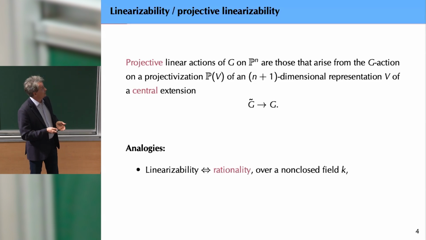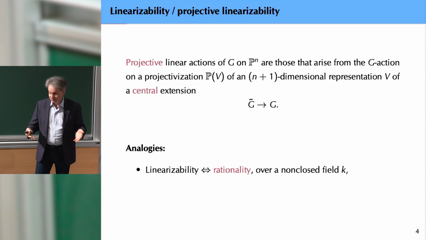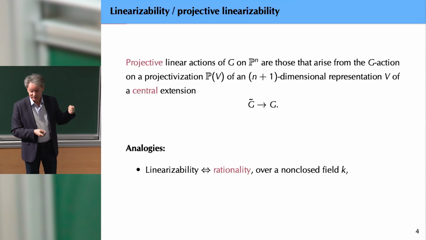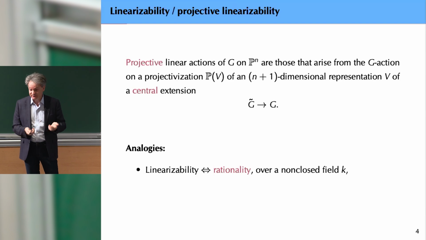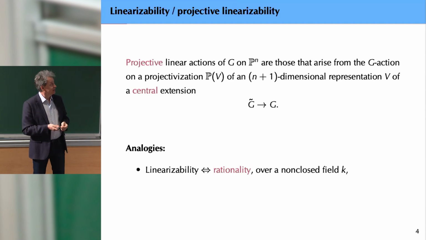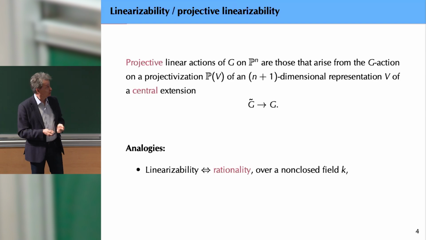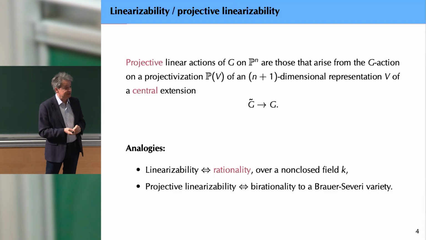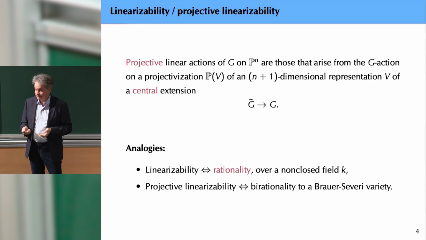And well, projectively linear means that the G action on projective space is coming from a representation of some central extension. And you should think of these notions as being, well, linearizability is analogous to being rationality over non-closed fields, and projective linearizability you should imagine as being birational to a Brauer-Severi variety.